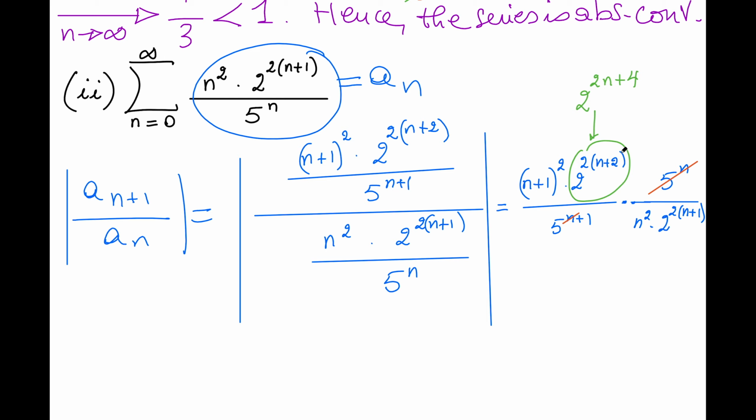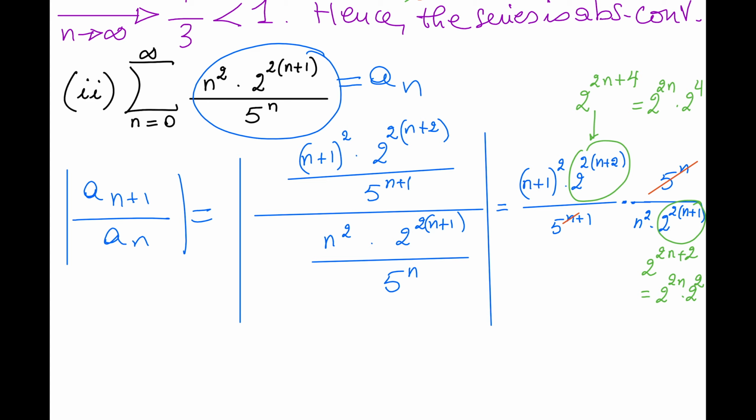And this guy is equal to 2 to power 2n plus 2. Now if we simplify, the 2n and the 2n are going to simplify. Why? Because this means 2 to power 2n times 2 to power 4. Maybe it's better to write it this way. So again, this is equal to 2 to power 2n times 2 to power 4, and this means 2 to power 2n times 2 to power 2.